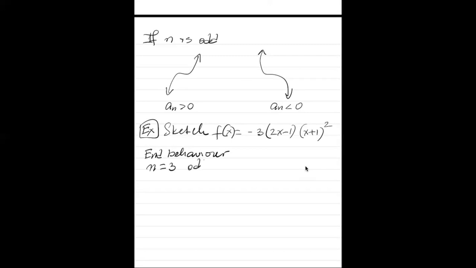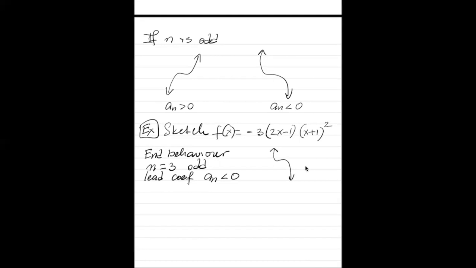So it's odd. And what is the leading coefficient, which we call a sub n? So is it positive or negative? Because of this 3, it's -3, so it's negative. So we have a negative leading coefficient and odd degree. So the end behavior would look like this. It's falling down.